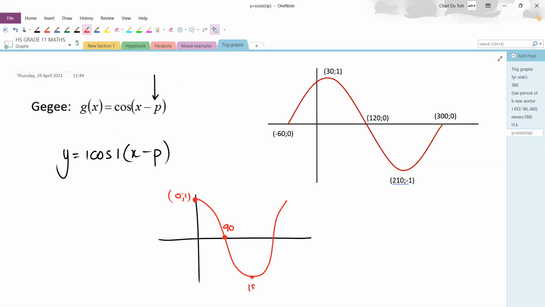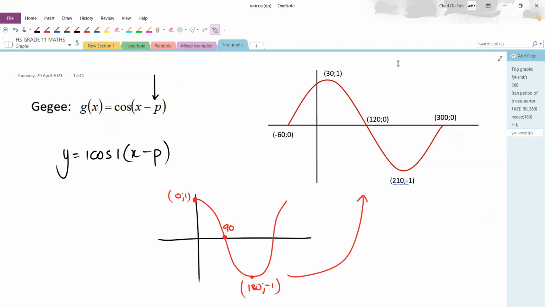And that one's 180 and -1. So it seems that if we move from this graph to that one, it's actually moved to the right. If I look at this 180 degrees, it's moved 30 to the right. If I look at the 90, it's moved 30 to the right. So P is 30 degrees.